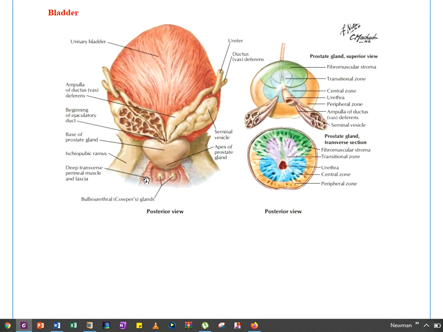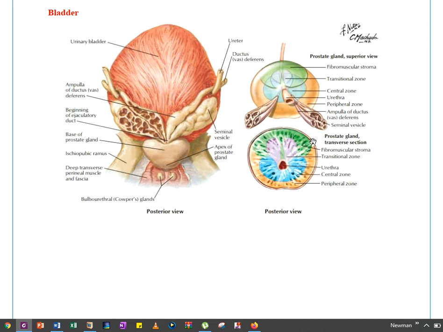So as we talk about urinary bladder carcinoma or malignant tumors, try to remember its relationship with other surrounding structures, and as they talk seminal vesicles, as they talk prostate, as they talk pelvic diaphragm, understand the severity, or how far the tumor might have disseminated. And remember, this is the posterior view of the urinary bladder.